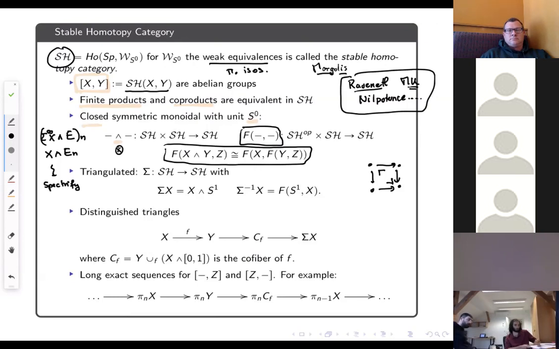You can read about what that means more in this Margolis reference or on the internet. But it means, in particular, there's an endofunctor. There's an isomorphism of the category, which is called sigma, and it can be described as smashing with S1, just like you would in spaces.